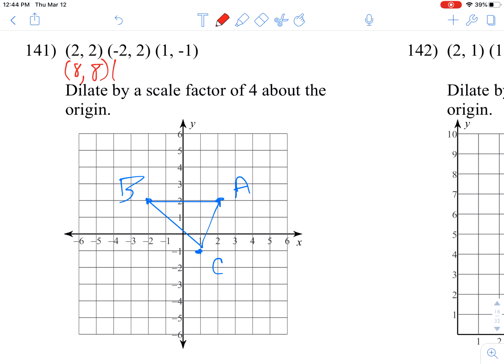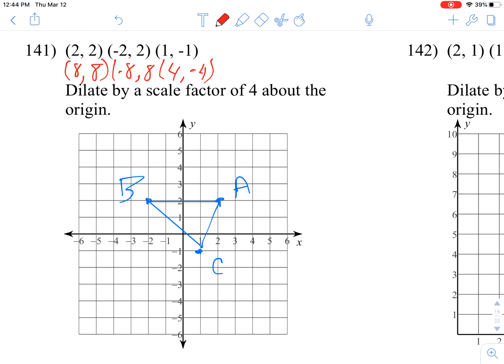So 8, 8 is actually off the graph. So if we just consider it for a second, 8, 8 would be somewhere about right in here. And then negative 8, 8 would also be somewhere right in here. And then, so that's A prime and B prime.